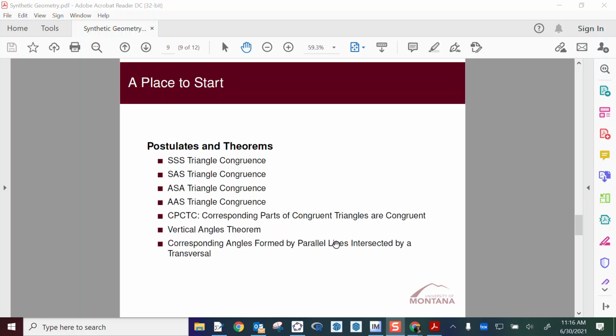So we'll assume that you know the polygon angle sum theorem, and then some postulates and theorems. Let's assume all of the triangle congruence criteria: side-side-side, side-angle-side, and angle-angle-side triangle congruence. And then usually when we prove triangle congruence, we use CPCTC to pick off the pieces that we need.